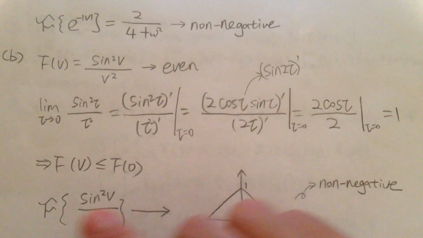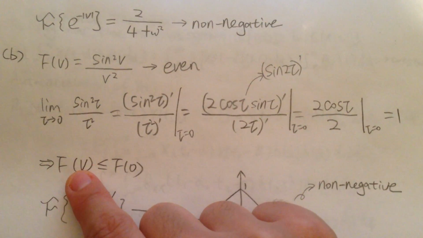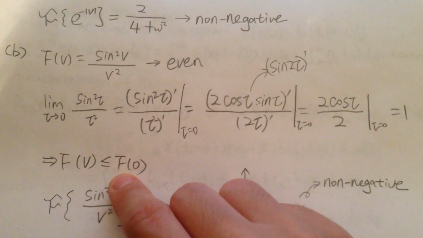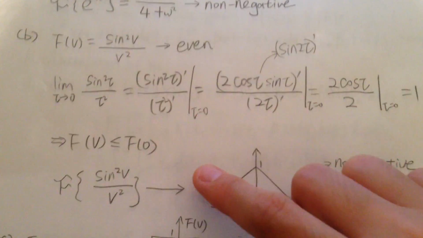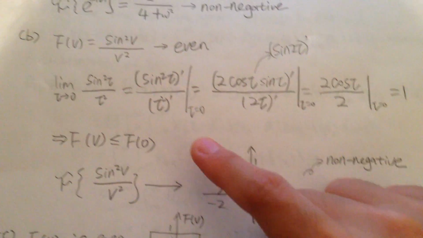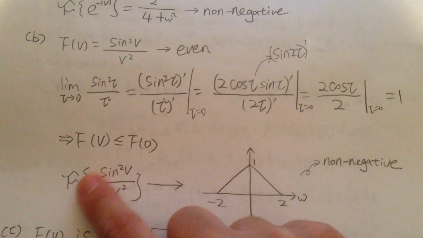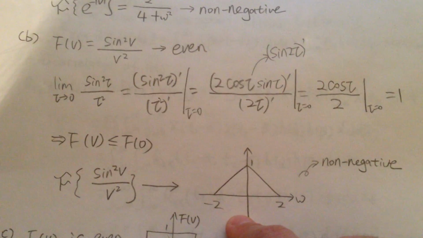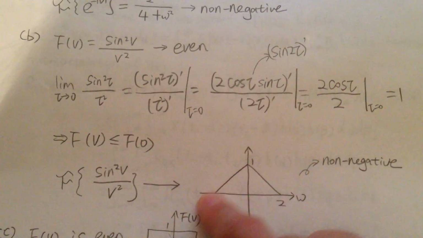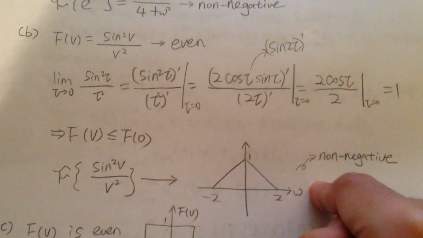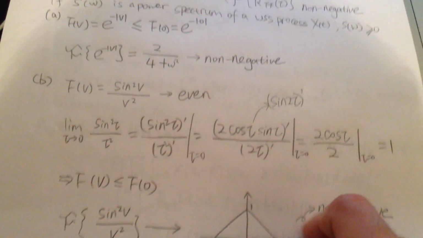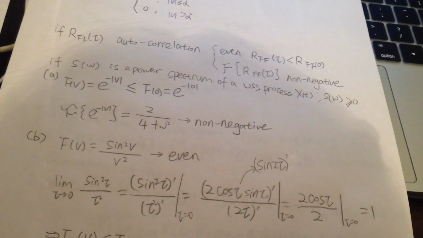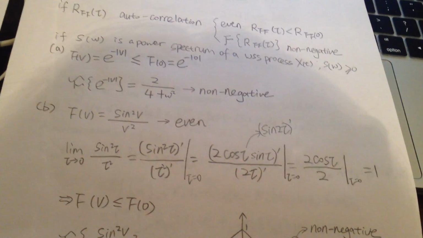So that means every f of v should be less than or equal to f of 0. And this function's Fourier transform should be drawn like this. Clearly, all its values are non-negative. Then it could be an autocorrelation function.